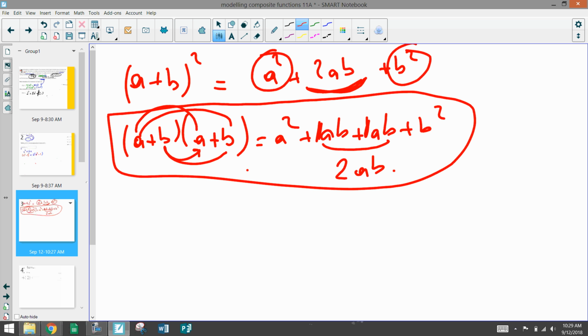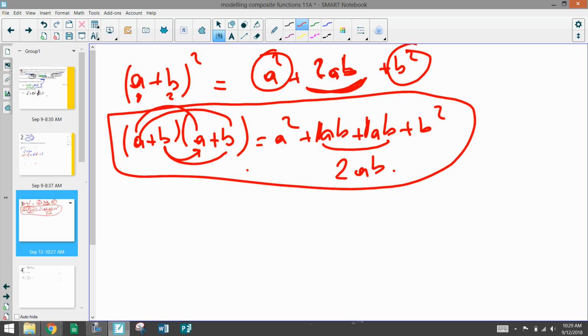Right there. Multiply first and second term. What will you get? A times b is equal to ab, times 2. 2ab. That's the shortcut. Take the first term squared, take the second term squared, multiply first and second term, and then double it.